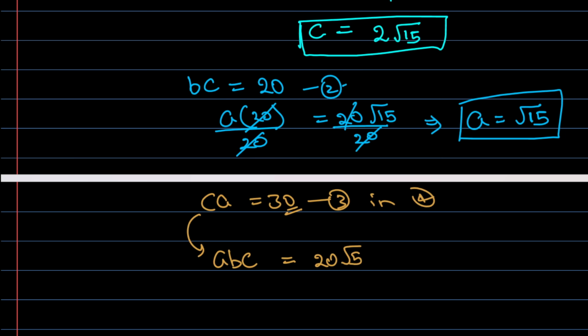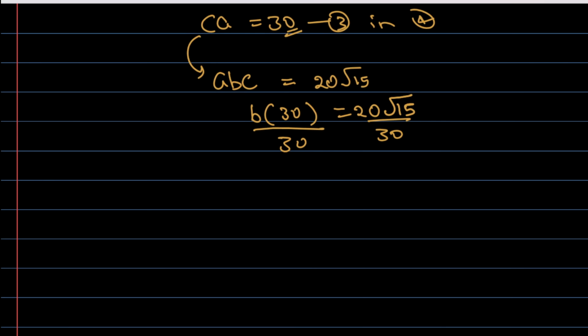So when we put this in here, we get B times 30 is equal to 20 root of 15, and dividing both sides by 30, we get B is equal to, this 30 over 30 cancels out, 0 0 cancel out, so 2 by 3 root 15.